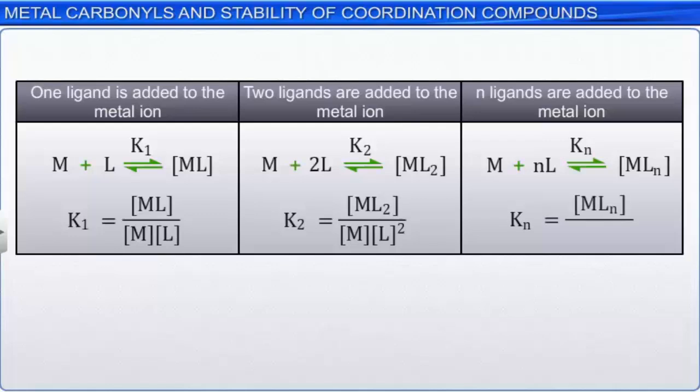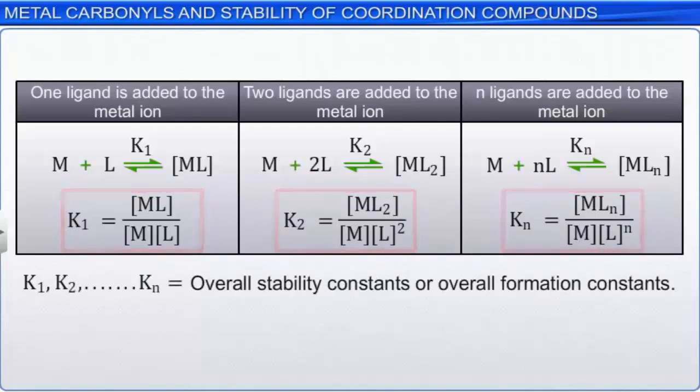The stability constants K1, K2 and Kn are known as overall stability constants or overall formation constants. The stepwise and overall stability constants are, therefore, related as beta n is equal to the product of K1, K2, K3 and so on up to Kn.